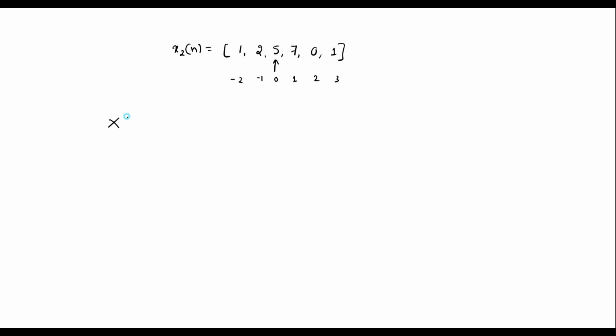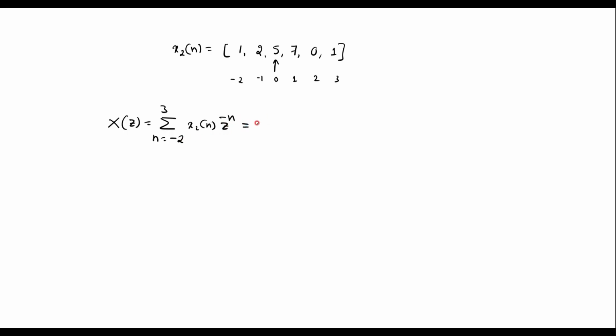Therefore now I can write X of z is equal to summation n equal to minus 2 to 3 x2 of n z power minus n. Let me simplify this.